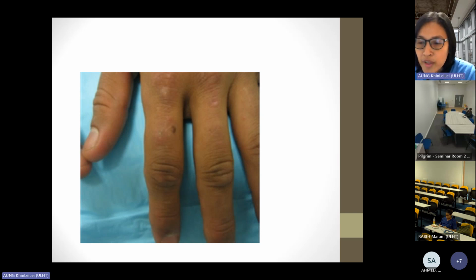Maybe pericardial effusion, pericarditis, pleural effusion, interstitial lung disease, or lupus nephritis. So any organ system can be affected. The patient can present with seizure, features of meningitis, transverse myelitis, anything that can happen in a lupus patient.